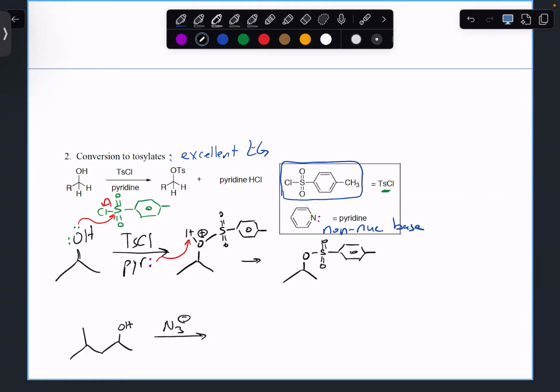So that is your tosylate. And again, you'll usually just see this abbreviated as OTs. All you need to know is that OTs is a fantastic leaving group.